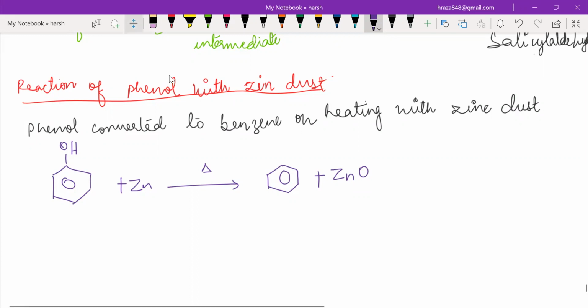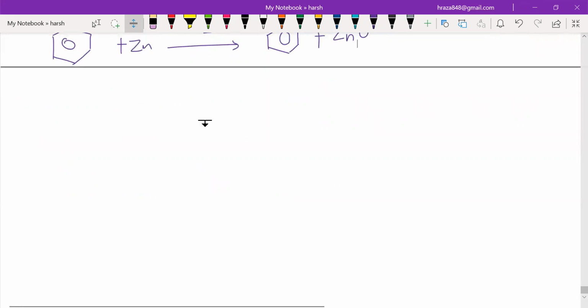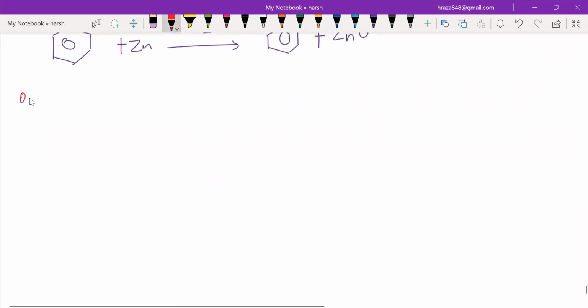Very good. Then the last chemical reaction of phenol is basically oxidation. So we are going to oxidize this phenol and see what will form and how it is going to be oxidized.